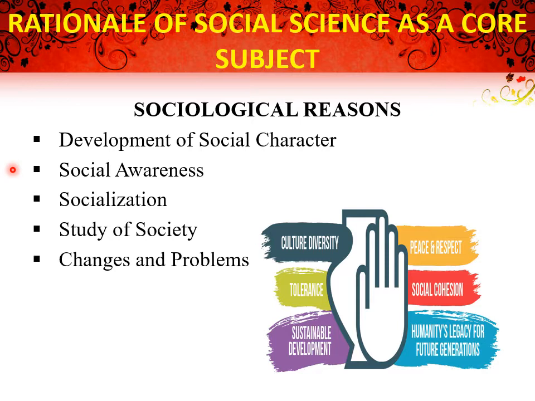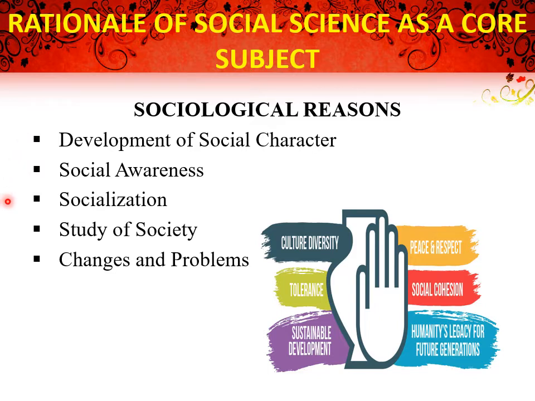Second important aim under sociological reason is social awareness. Through social science education, pupils can develop a sense of social awareness. It helps eliminate antisocial behavior, and develop a sense of belonging to the family, the neighborhood, the community, the nation, and humanity.